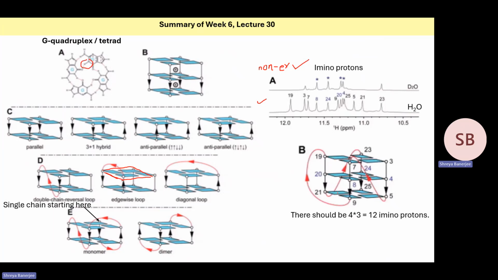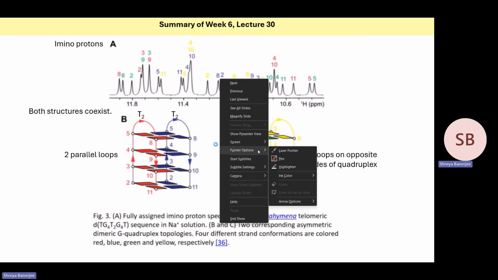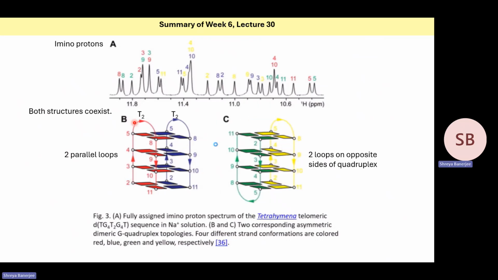So suppose you have a structure like this. You have 12 G, so 4 into 3, 12 G. So you will see 12 imino protons. The imino proton region will give an idea about the structure of the G quadruplex or tetrad. Suppose you have this kind of orientation, with two parallel loops.